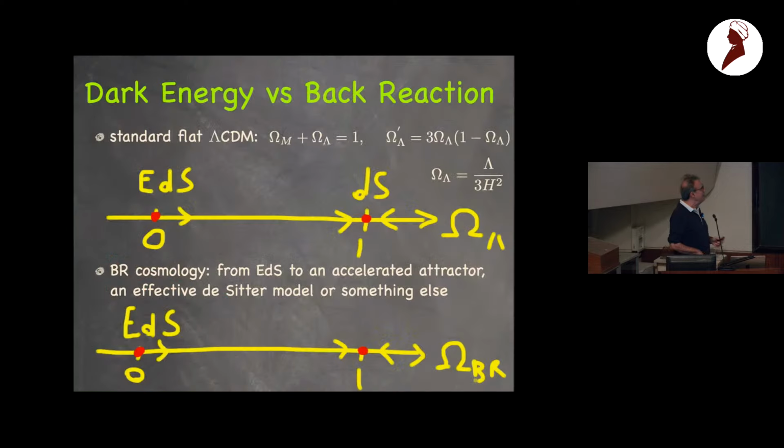So, and the bottom line is, okay, before I go to the bottom line, let me, for those that are not aware enough about the back reaction, the basic idea is schematically illustrated by these phase plots, okay? So if you assume flat cosmology, lambda CDM, the Friedmann constraint gives you omega m plus omega lambda equal to 1, you derive an equation for omega lambda, and that is just the logistic equation, which describes the evolution from a nonlinear unstable point, which in our case is Einstein-de Sitter, to a de Sitter equilibrium point, okay?